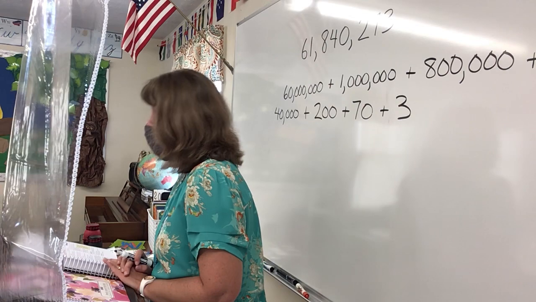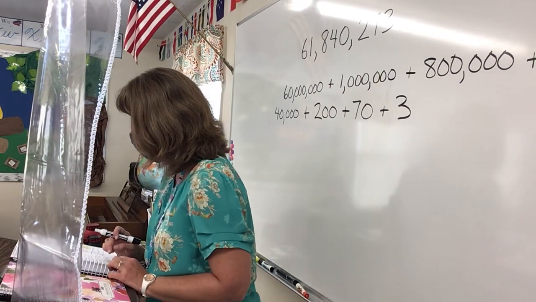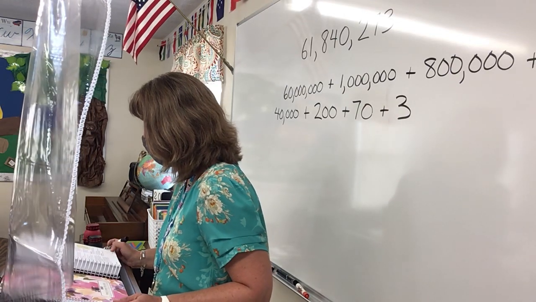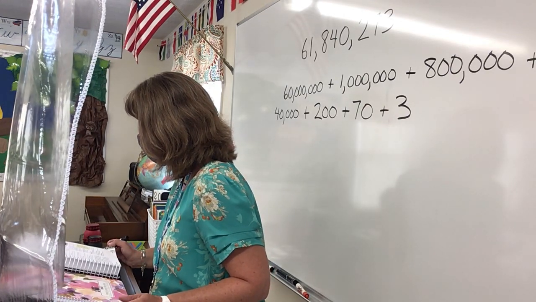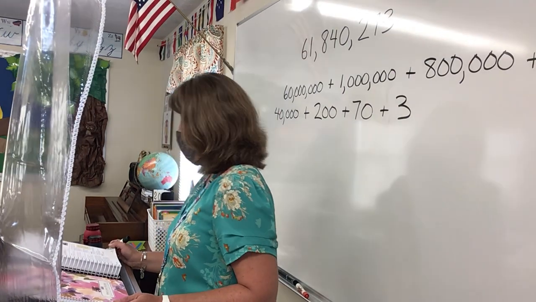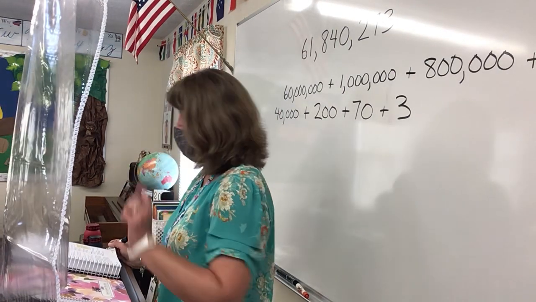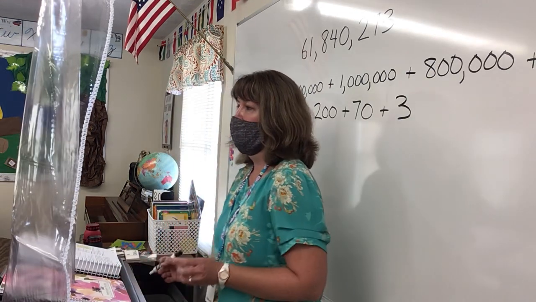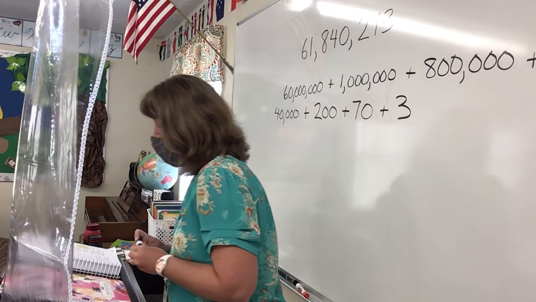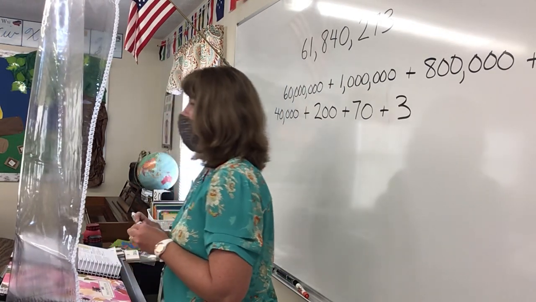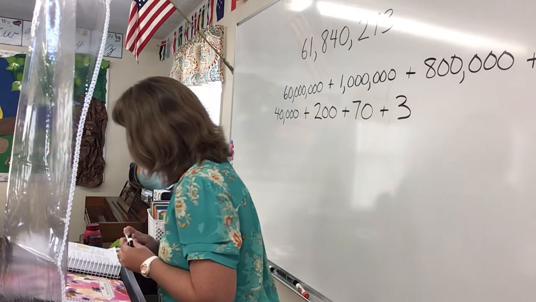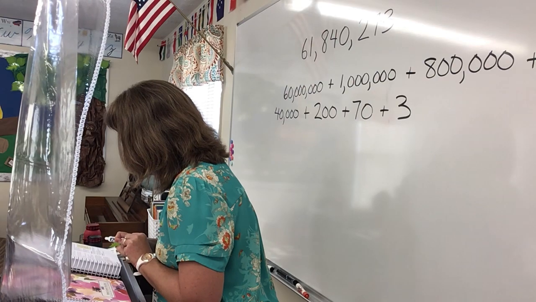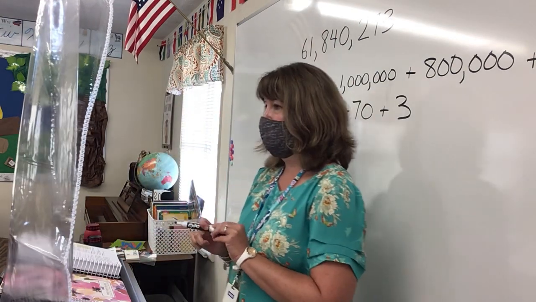All right, number 4, Marissa. Letter A, correct. Number 5, Brayden. B. Correct. And the last one, number 6, Lucas. Can you tell us what that would be? C. Letter C. Correct.